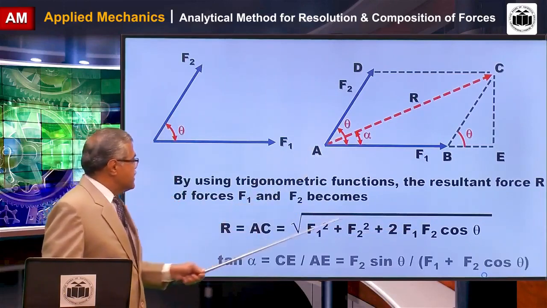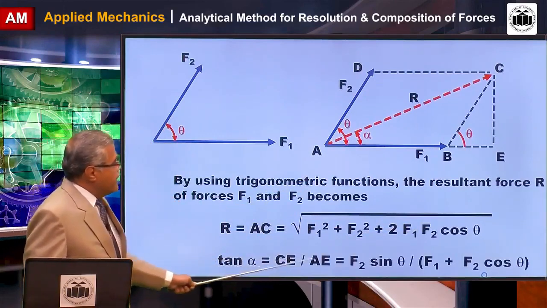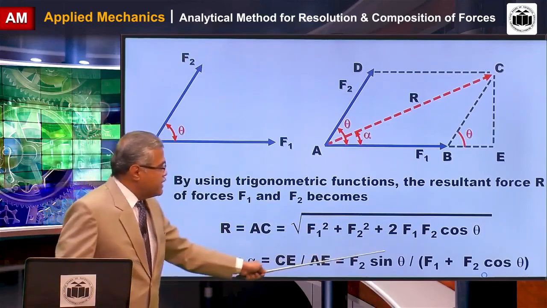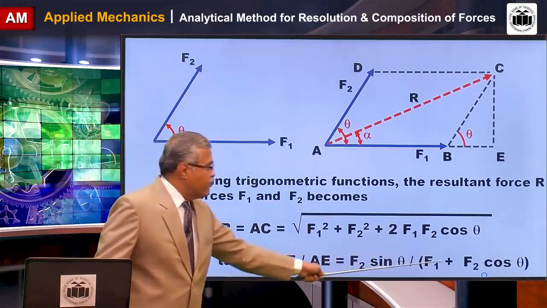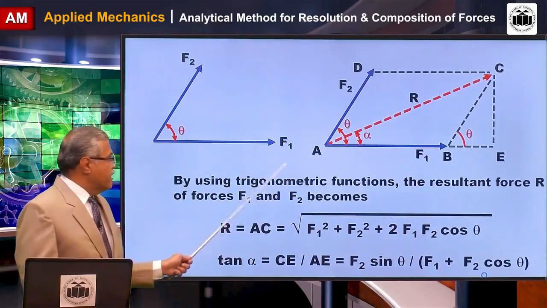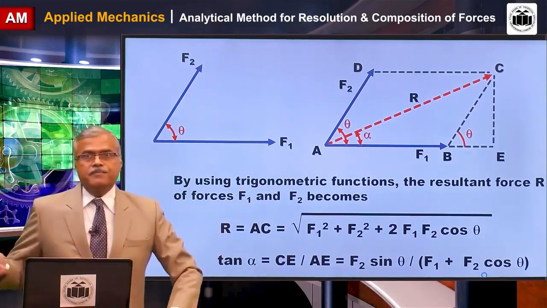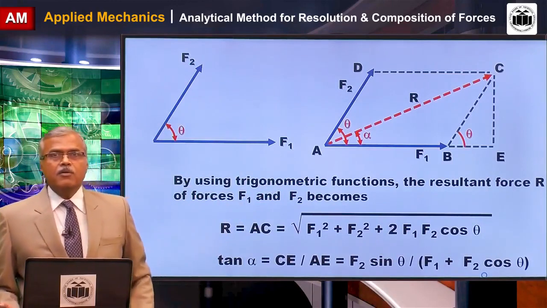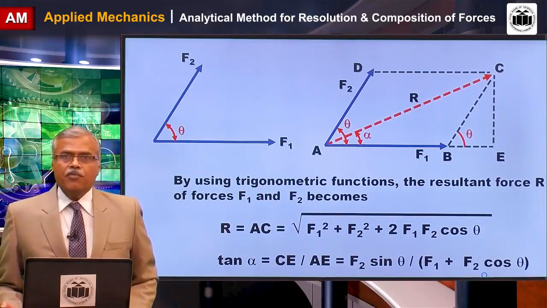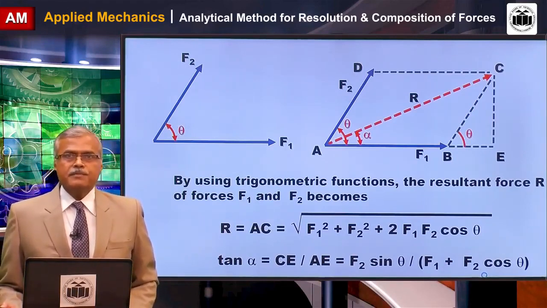Another equation is: tan alpha equals CE divided by AE, which is equal to F2 sin theta divided by F1 plus F2 cos theta. So in this way, we can find the magnitude of the resultant force and the angle alpha from this law of parallelogram of forces. This law is for two concurrent forces only.